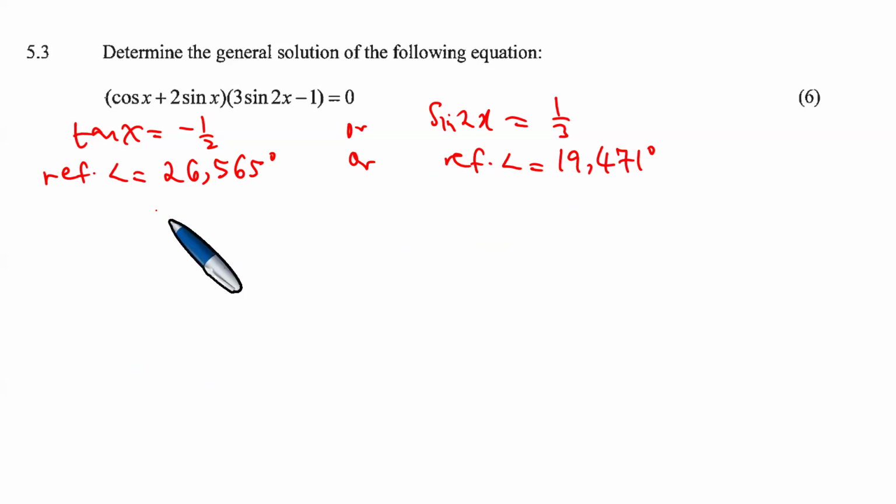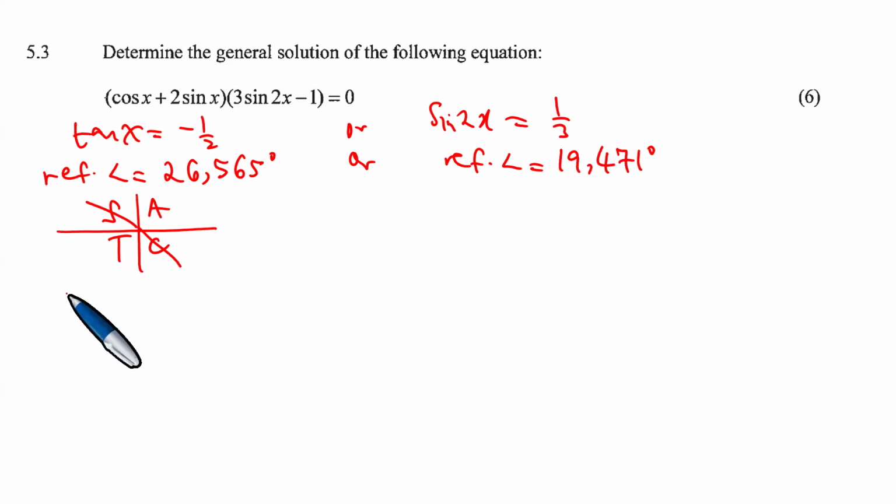Now, there are a couple of things we need to recall in view of our old friend, the CAST diagram. The CAST diagram is very clear, and it is one diagram that must be appreciated. With the CAST diagram, we know the tangent is negative in the second quadrant and also in the fourth quadrant; it is positive in the first and third quadrants.